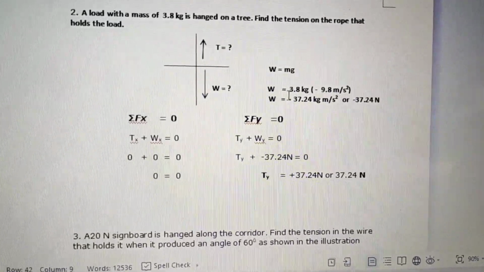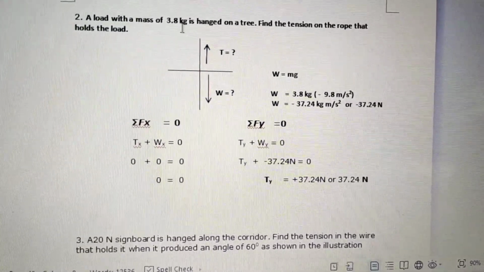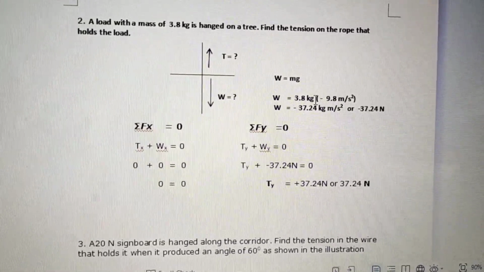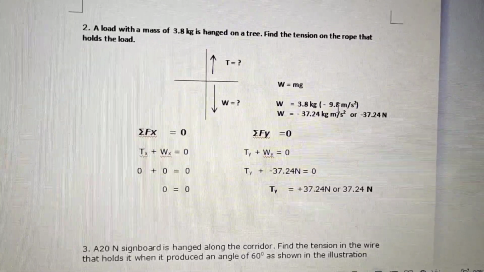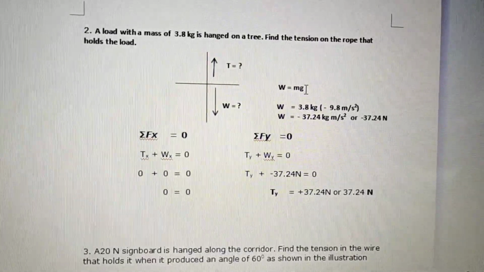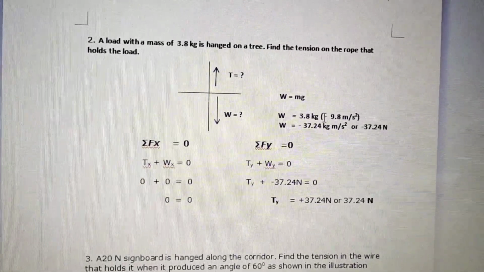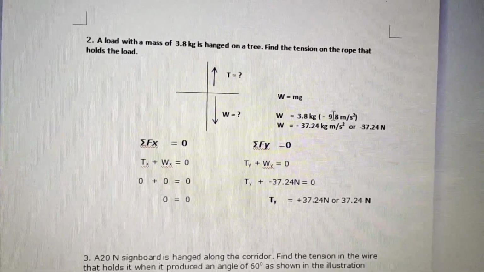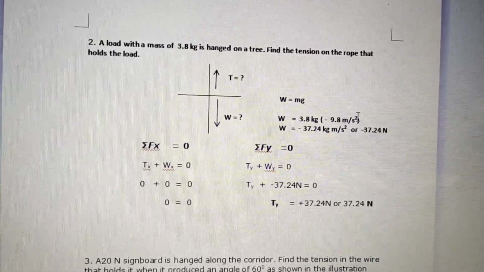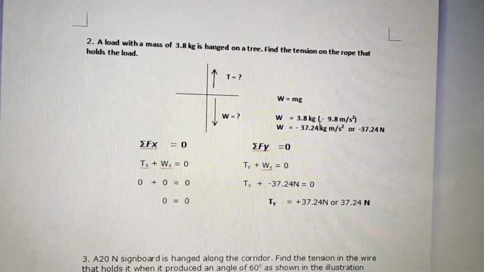So weight is equals to 3.8 kilograms, which is given in the problem. Let us multiply this with the constant value of acceleration due to gravity, which is negative 9.8 meter per second squared. As I have said a while back, negative 9.8 meter per second squared is constant.